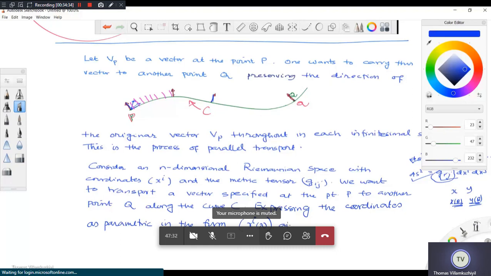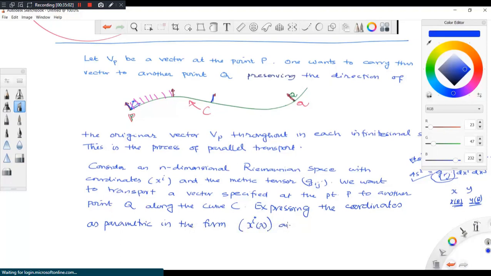I shall express the vector V at the point P, which is a function of lambda. At P, lambda will have a particular value, and when you increase the value of lambda, it will move along the curve. So V is equal to, I can write, the components Vj, which will be a function of lambda, and Ej, that also will be a function of lambda.